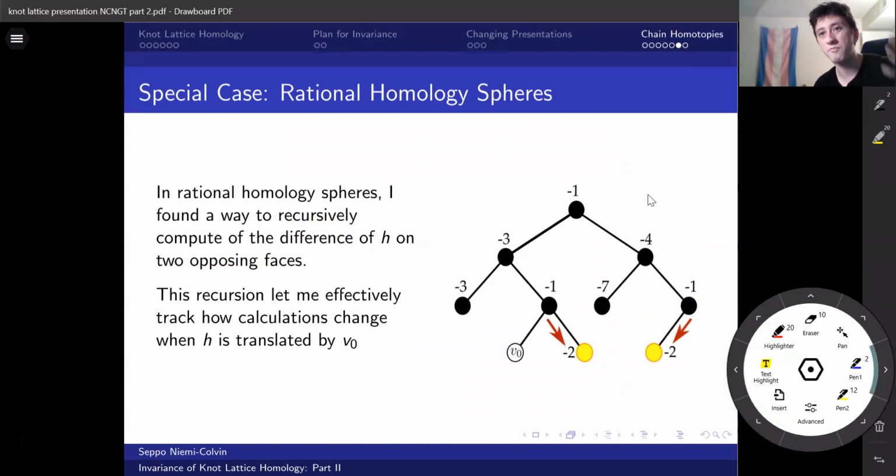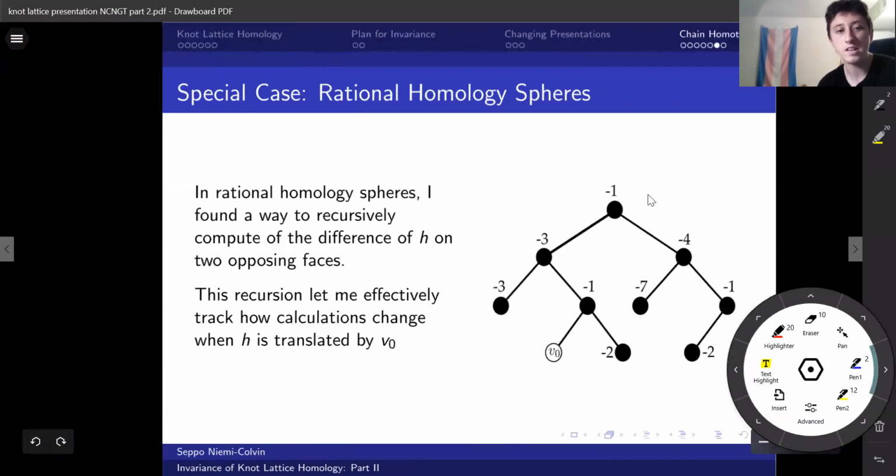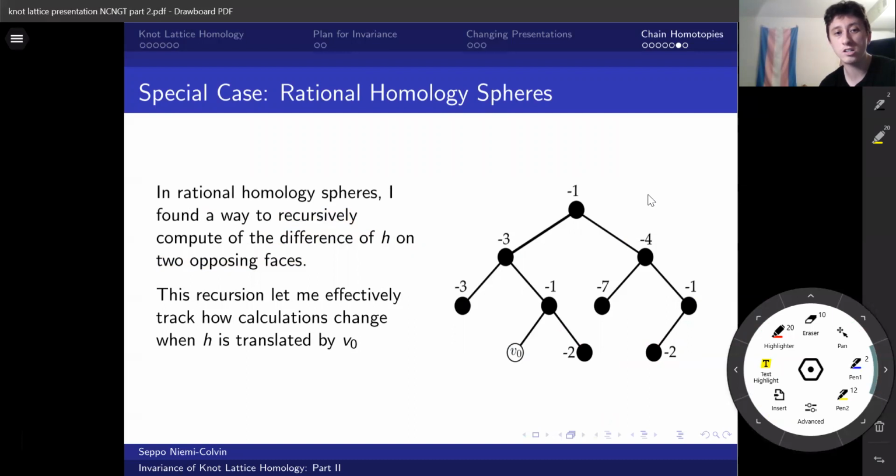reduce it down and compile all these different directions that things are tilting. The important piece here is that this recursion lets me effectively track how calculations change when our height function is translated by V0. In particular, V0 will affect the contribution from this vertex, which is then affecting the difference across here, which then affects the difference across here.